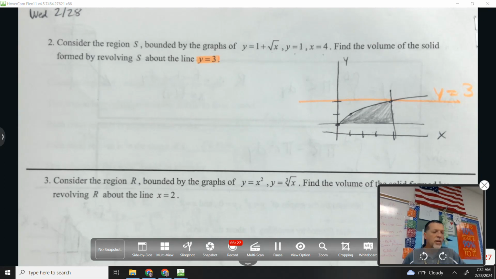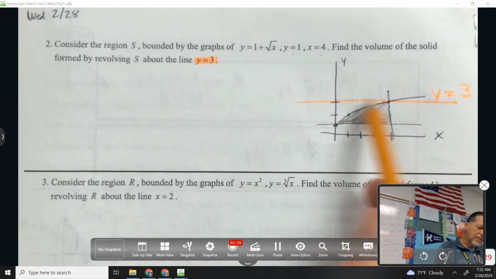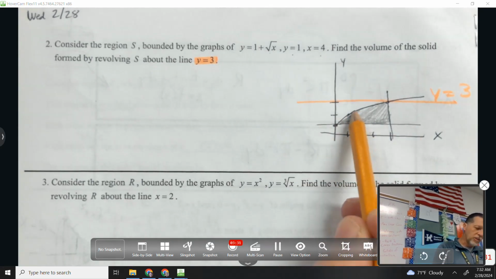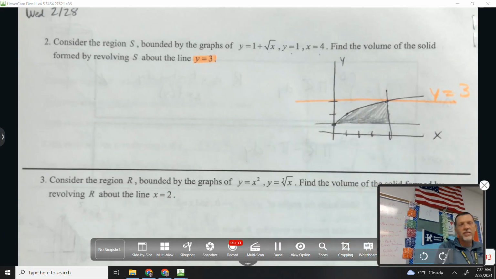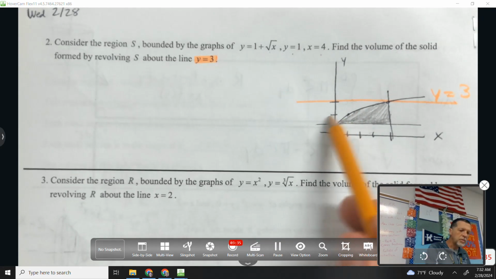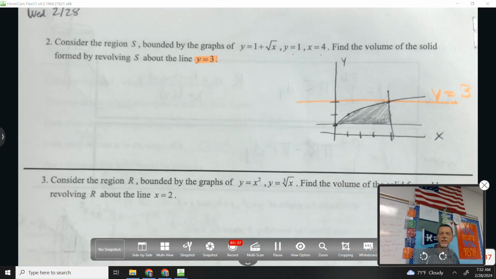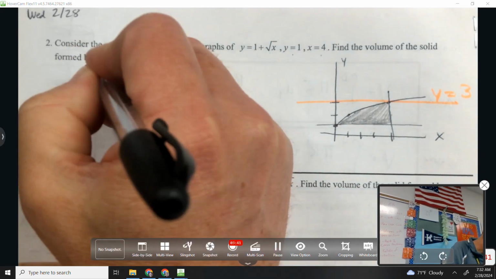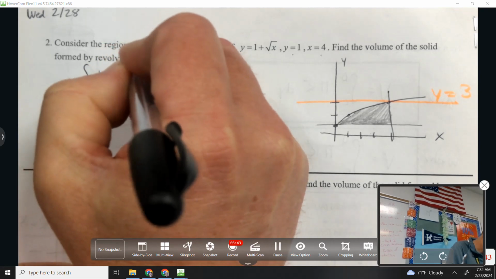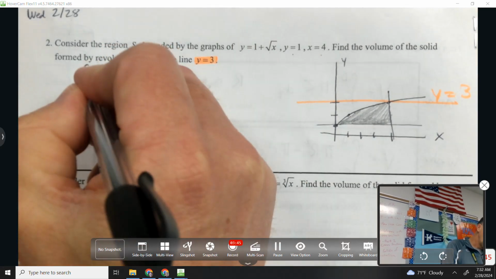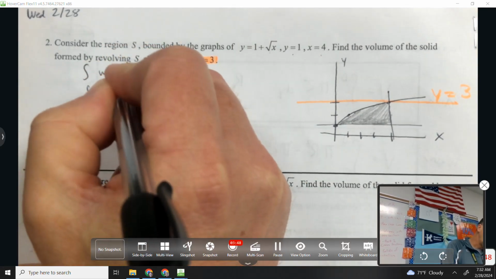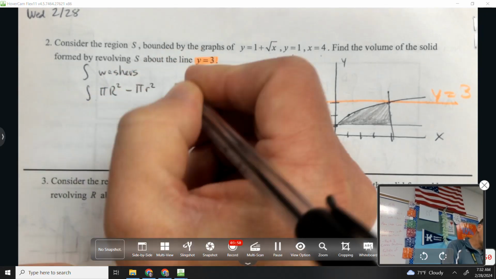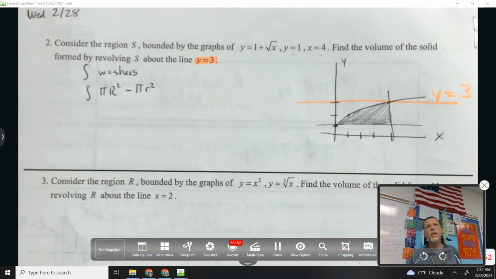If there's space between your axis and your region, like this empty space, then it's going to be a washer, because that empty space is going to be like a void in the solid. So I know these are washers. I'm already thinking big R squared minus little r squared. Big circle minus a little circle.